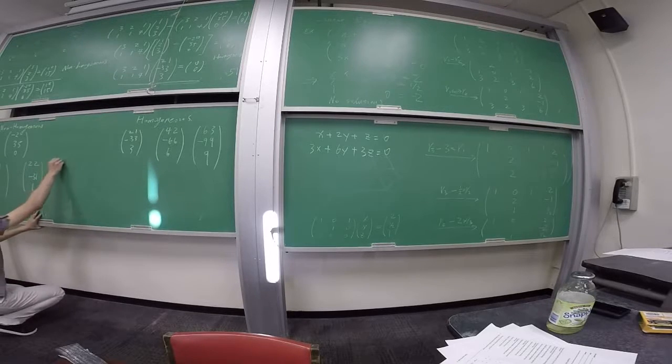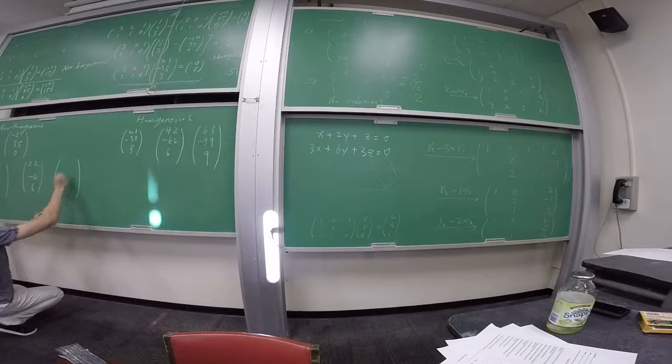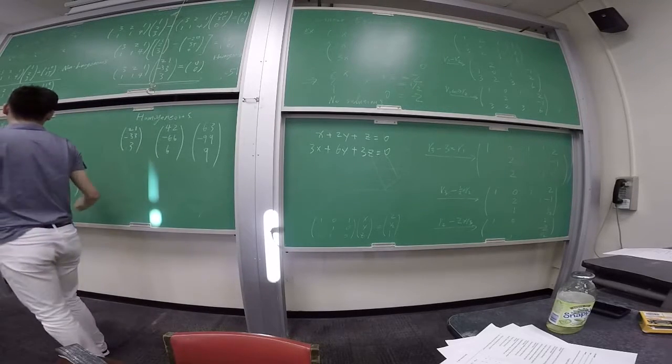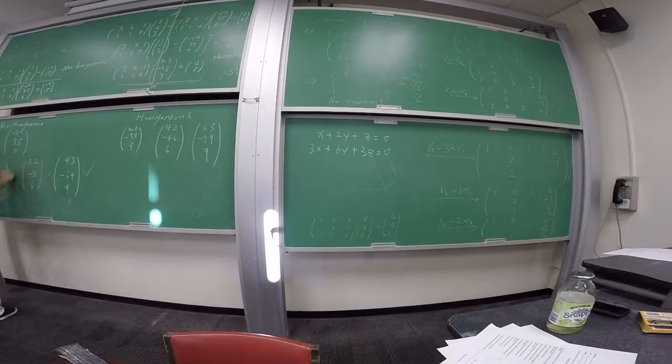And if you continue adding this one to that one, you will get 43, negative 64, and 9, right? So everything here is actually a solution for these non-homogeneous equations.